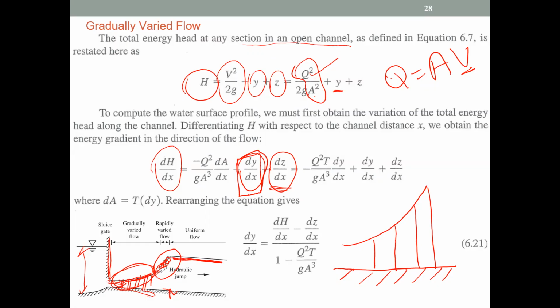That you can find out in terms of knowing how the energy grade line changes with the x, dH over dx. That is the energy grade line. How it changes with the x, dz over dx is the slope. And by knowing the flow rate, by knowing the top width and the cross-section area, you can find it out, right?